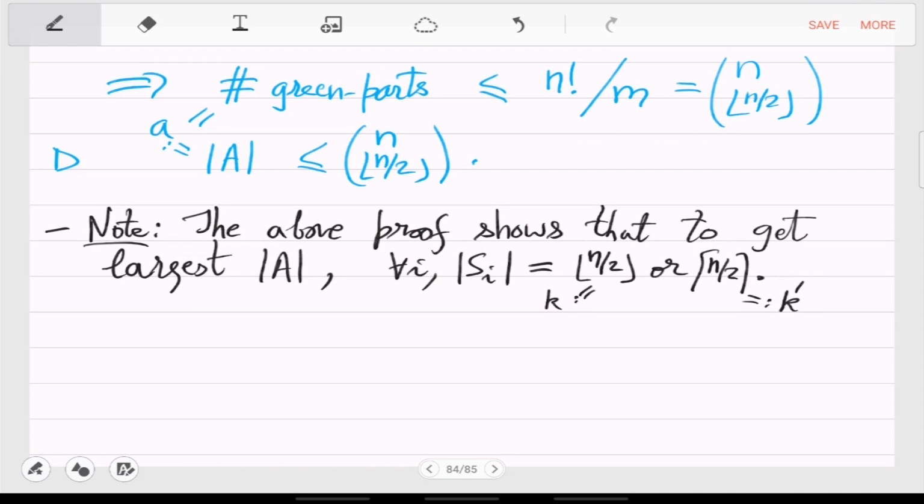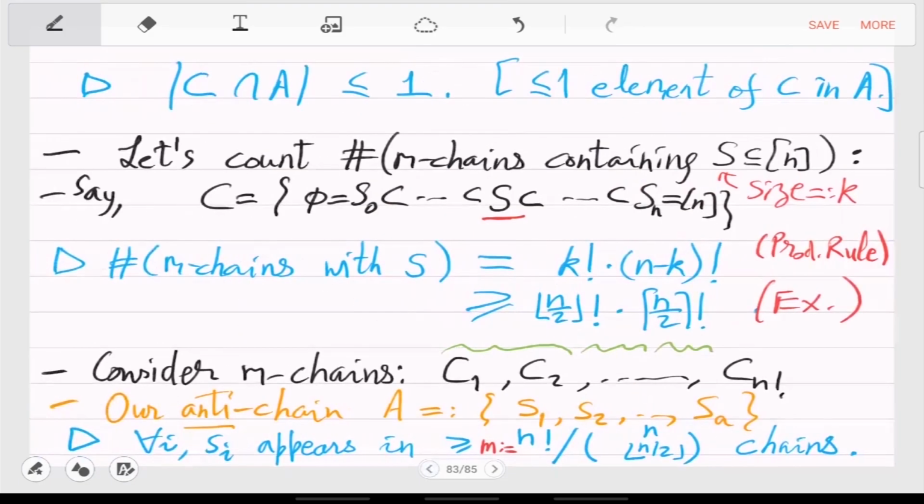So from this exact equality, you have to get the number of green parts to be exactly n choose k, which means you move back to this last blue property, that Si has to appear in exactly m, not greater than or equal to m.